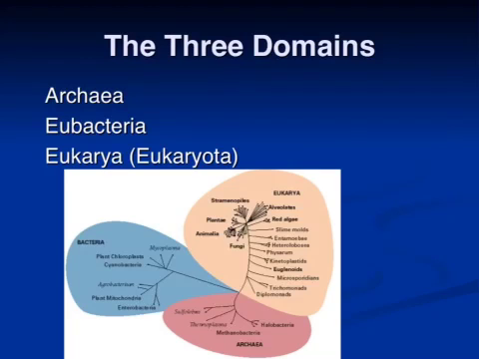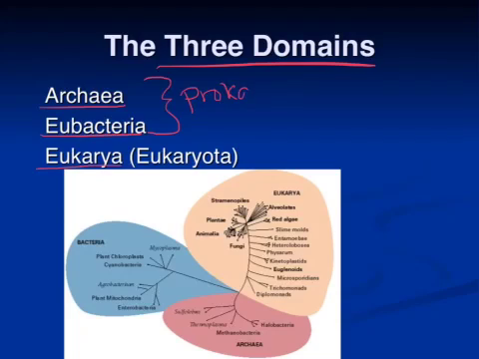As we mentioned previously, there are 3 domains, archaea, eubacteria, and then eukarya or eukaryota. So the archaea and eubacteria are both prokaryotic domains, and then the eukarya are all of the eukaryotes.